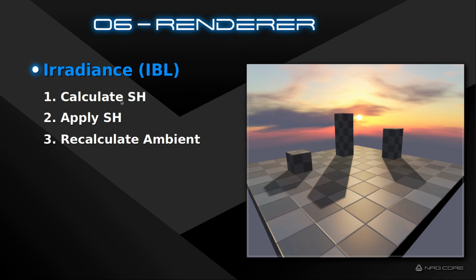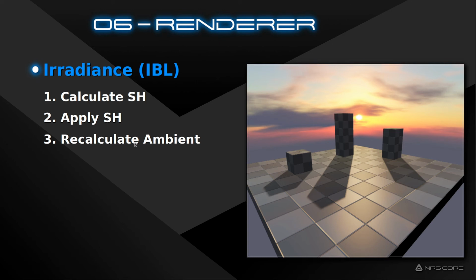For that, we're going to calculate the second degree spherical harmonics, which is going to allow us to approximate this ambient coloring, and then apply it onto our object. So the first step will be to calculate those spherical harmonics. The second one is to apply them in our calculation, and finally recalculate our final ambient term with both specular and diffuse.